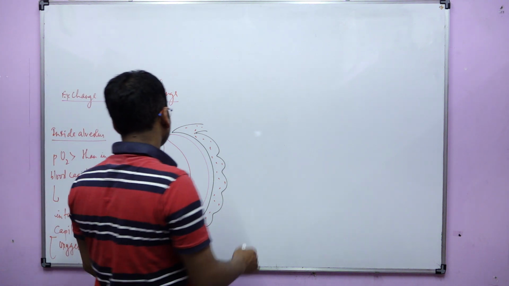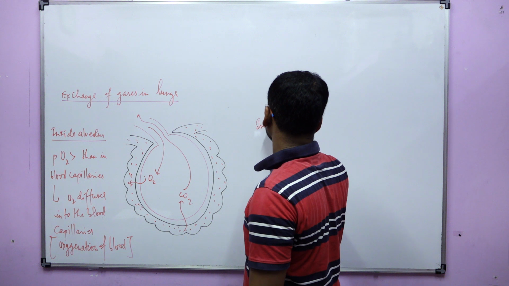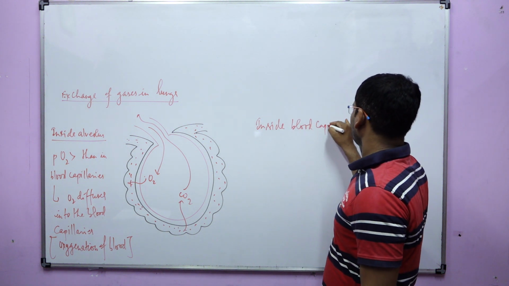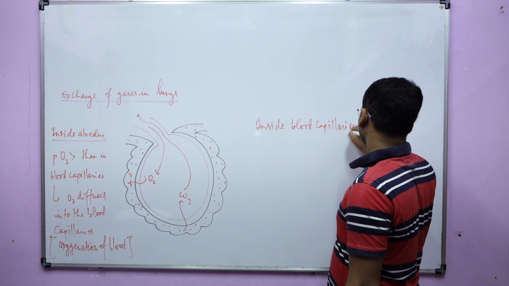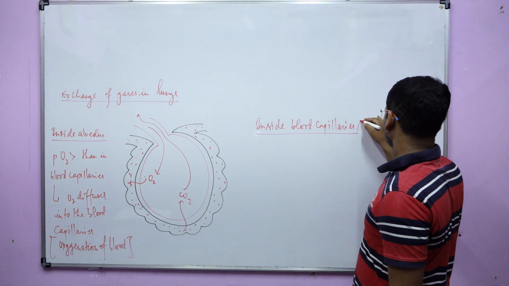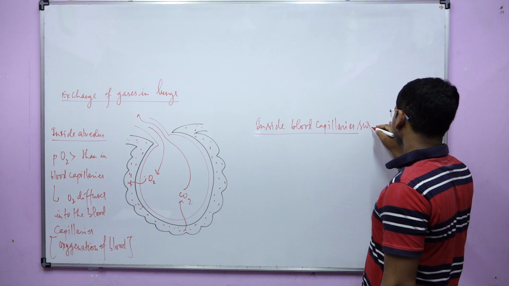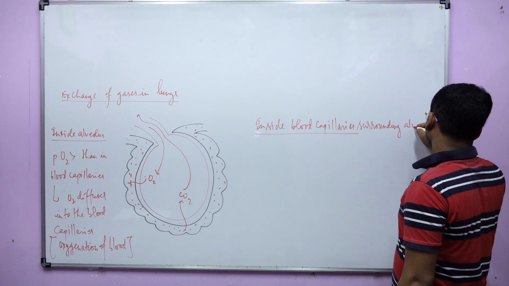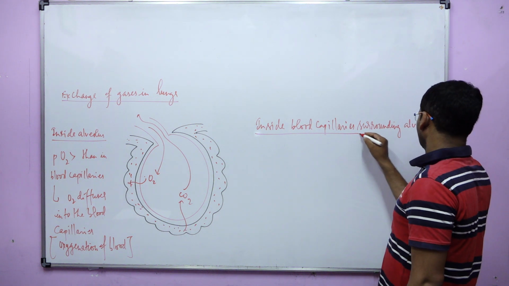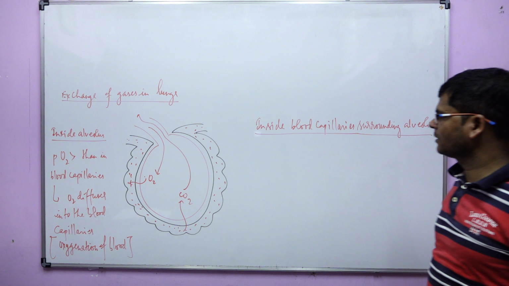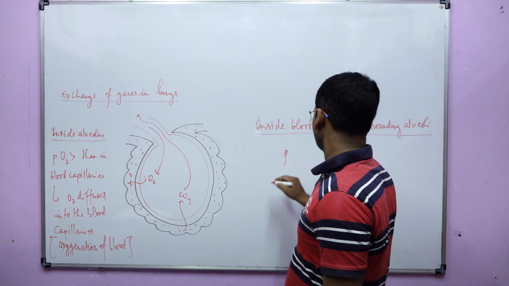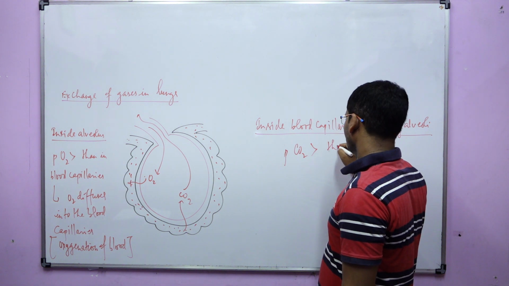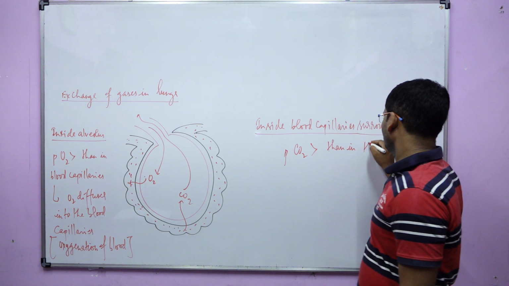Reverse to this, in blood capillaries what happens? Inside blood capillaries surrounding the alveoli, we will find that partial pressure of carbon dioxide is more than in the alveolus.